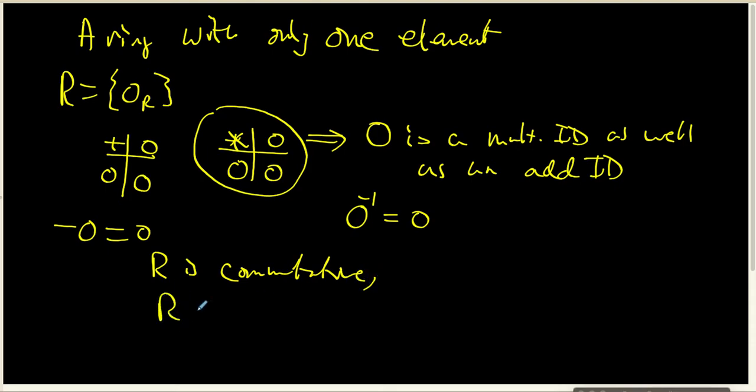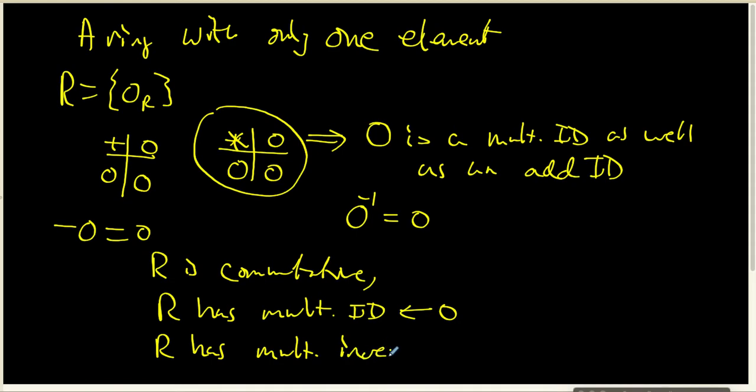We do have R has a multiplicative identity, but the multiplicative identity is named 0. And we do have R has multiplicative inverses. There's only 1 element in the ring, and 0 inverse would be equal to 0, since 0 times 0 is equal to 0.